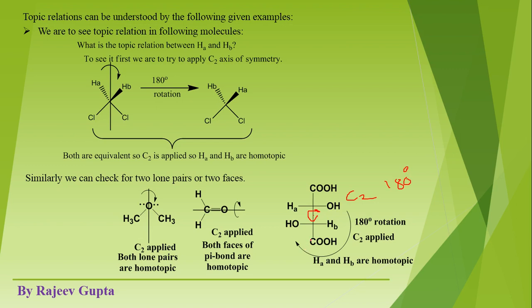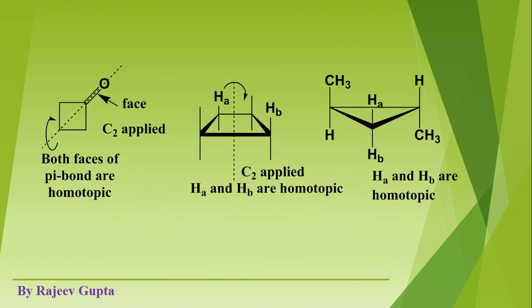When we rotate this molecule in this direction, HB goes over HA and HA goes over HB, the whole carboxylic portion goes to this side and the bottom carboxylic goes to the top side, and likewise the hydroxyl groups. So we get an equivalent configuration. So HA and HB, both homomorphic ligands or atoms, are homotopic in this molecule.